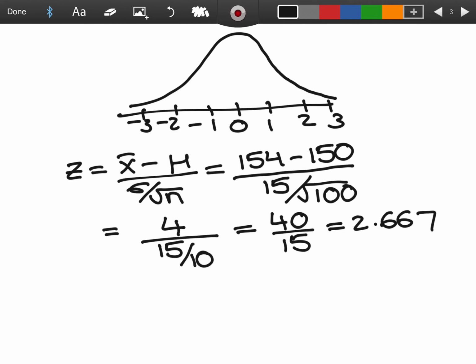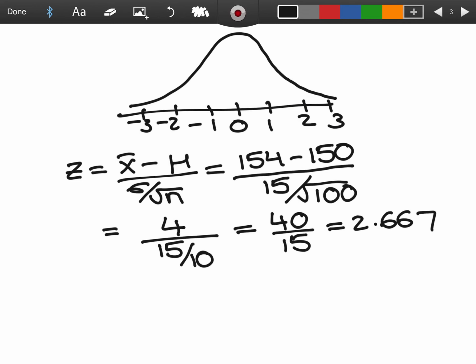Okay, so that is our z-score for that sample mean. It tells us how many standard deviations the sample mean that we found was from our population mean.